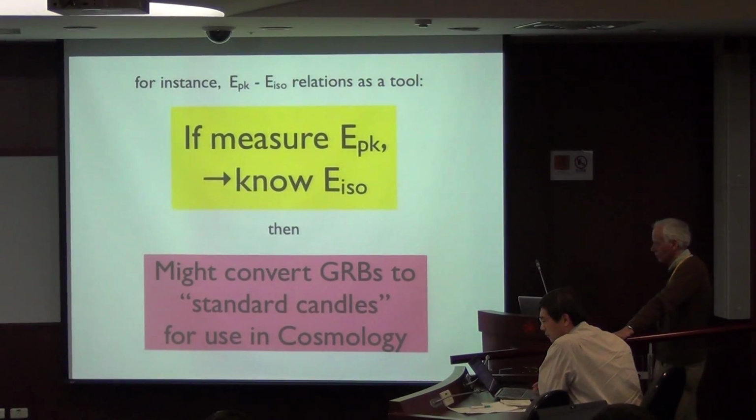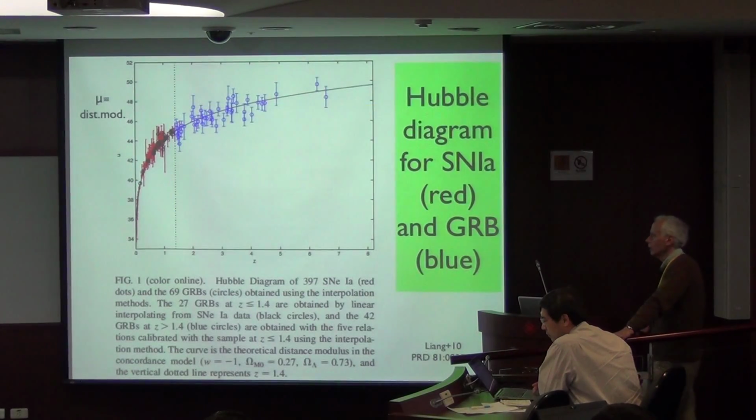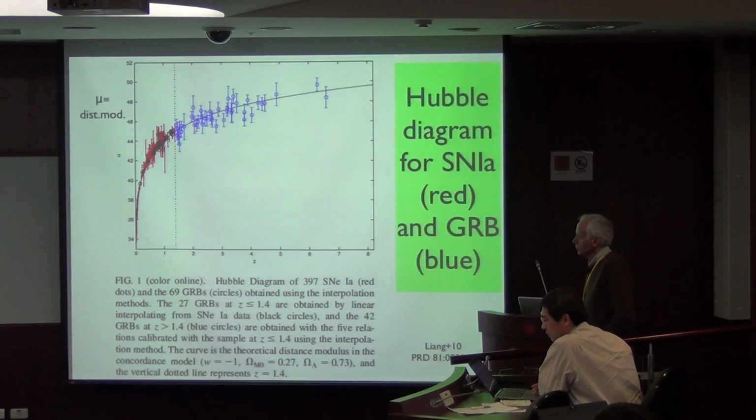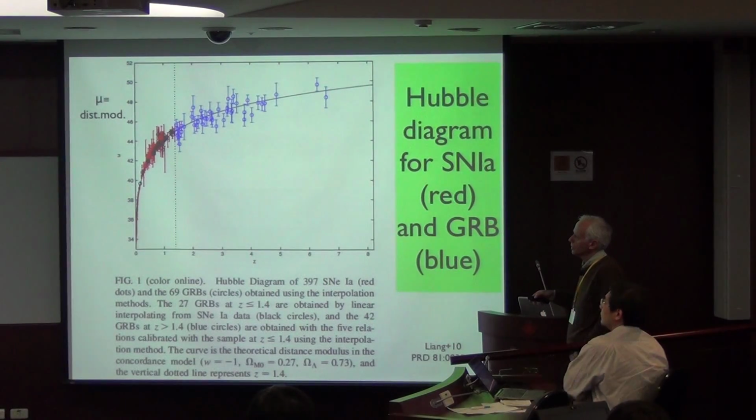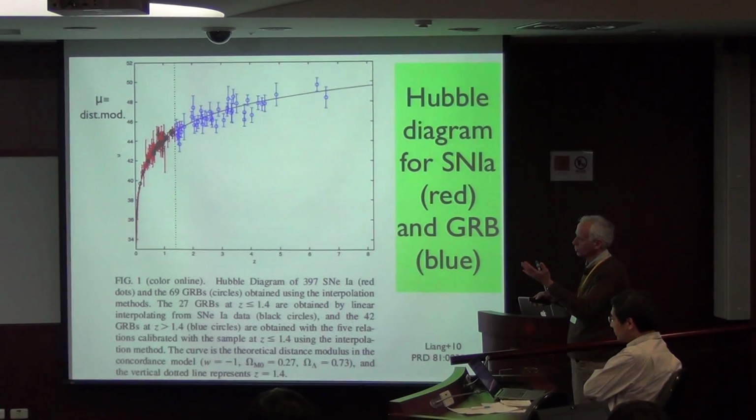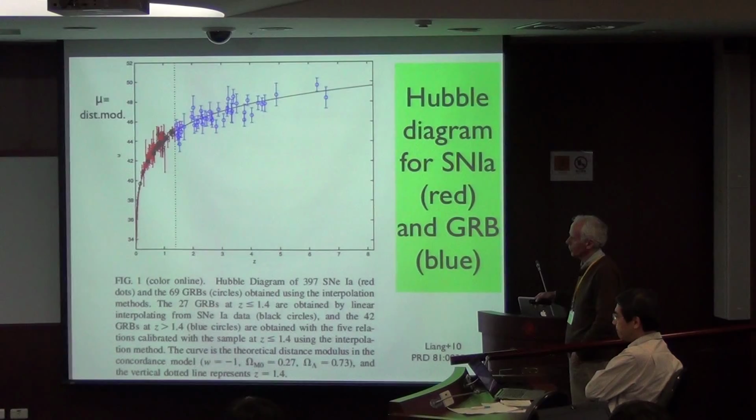So that makes them into a standard candle that you can use for cosmology. And so what you can do is do a Hubble diagram. This has been done with supernovae. You plot the distance modulus, the apparent magnitude versus the absolute magnitude, as a function of redshift.